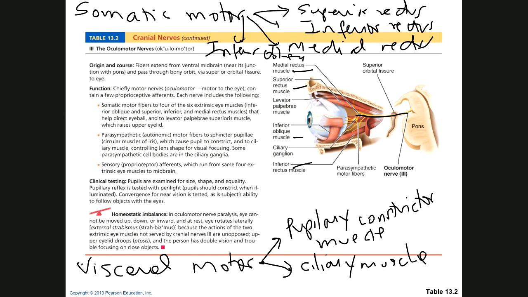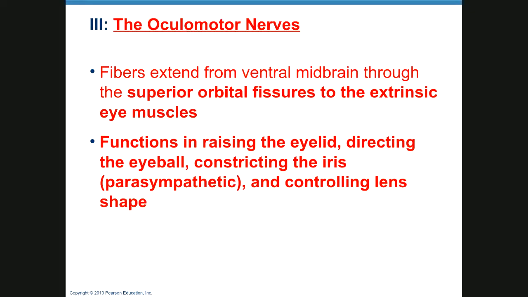All right, so what do you need to know? Oculomotor nerve is a motor nerve. It's a parasympathetic nerve, meaning that it's going to be activated when we are in a parasympathetic rest and relaxation state. Reading, for example, is a parasympathetic state.